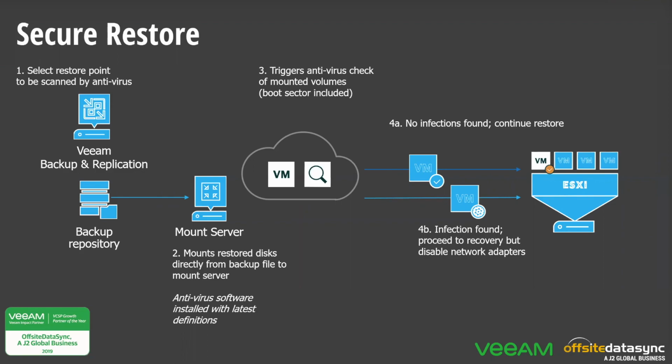And what we'll do is continue the restore function, but we'll put it into network safe mode. No network attached to it. So it'll be a virtual machine running, but with no access to the internet or the network at all. If you're a small shop, infection found, disregard, we'll go back again, or we'll wait for an antivirus definition before we get back up and running.